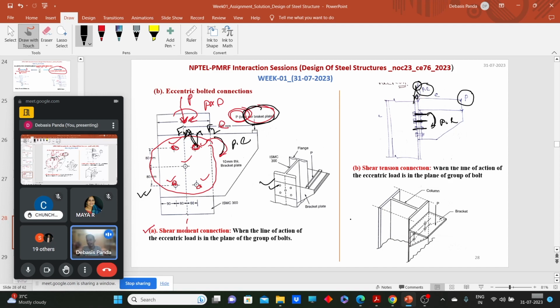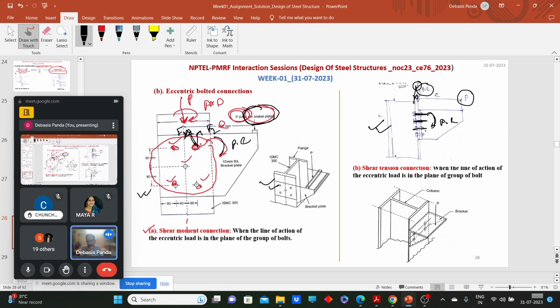If someone asks you in a question which kind of connection this is, what will we say? In a broader perspective, it's a shear moment connection. Now if we come to the design level, when we see the bolt level load transfer, it's a shear tension connection.